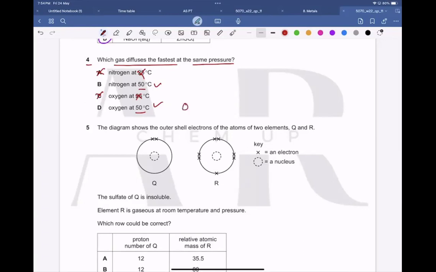Yes, because if we look at oxygen, oxygen's Mr is 32. And if we look at nitrogen, its Mr is 28. So obviously higher temperature and the lower Mr makes it fastest, right? So D goes wrong and B is the correct answer.